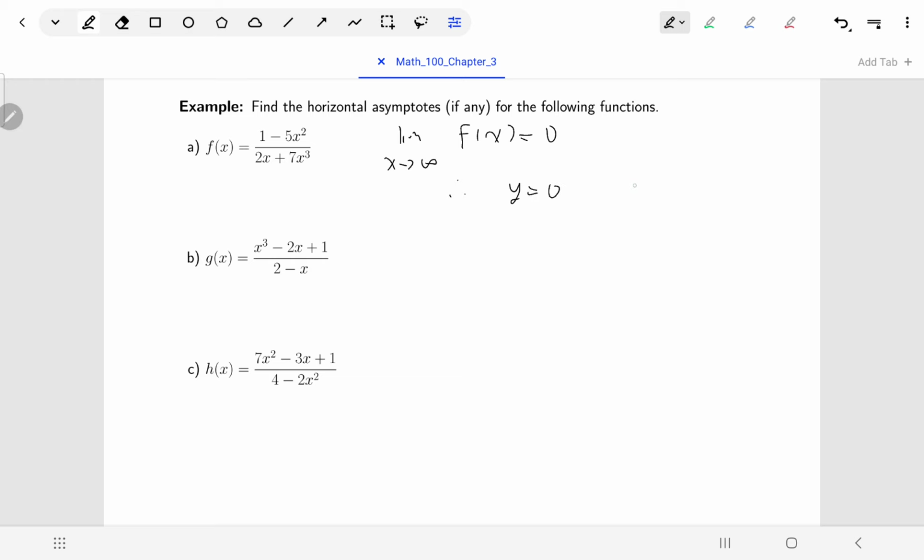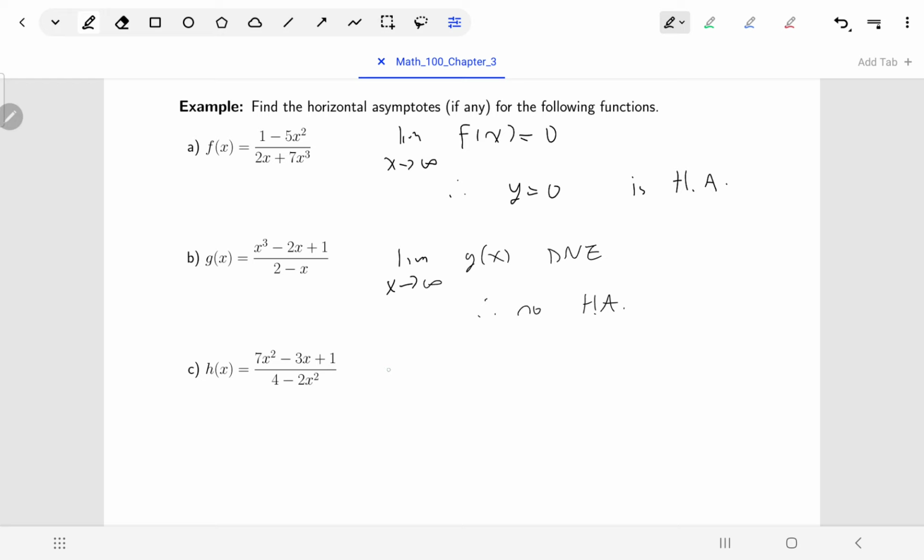So my line y equals 0 is the horizontal asymptote. For g of x, as x goes to infinity, that limit does not exist, because the degree of the top is larger than the degree of the bottom. So we have no horizontal asymptote for the function g of x.